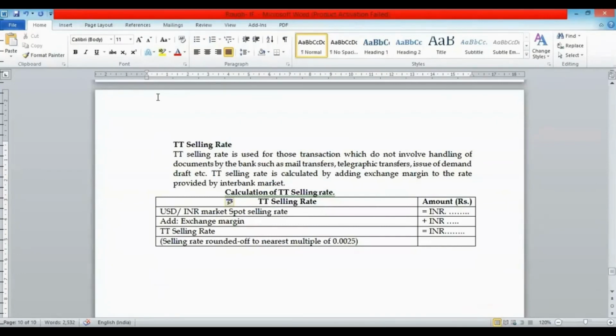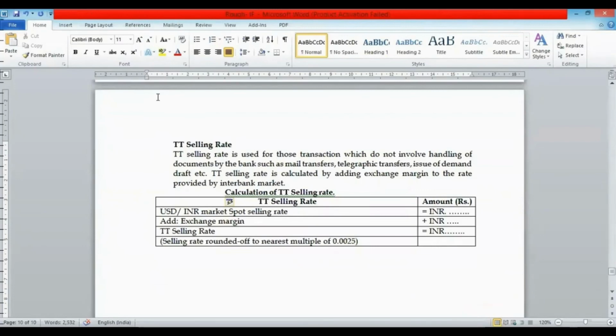USD oblique INR, market spot selling rate. Indian rupee has been shown. Exchange margin. Now, in the purchase transaction, you have seen the exchange margin was deducted because the concept was buy low, sell high.